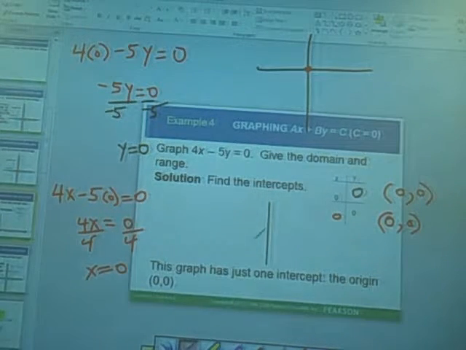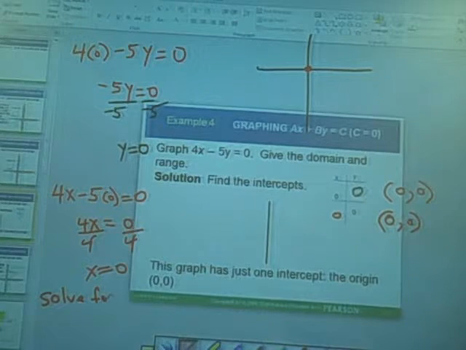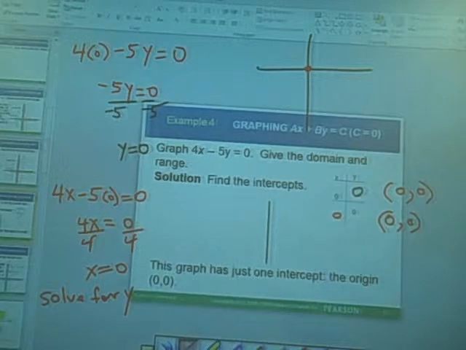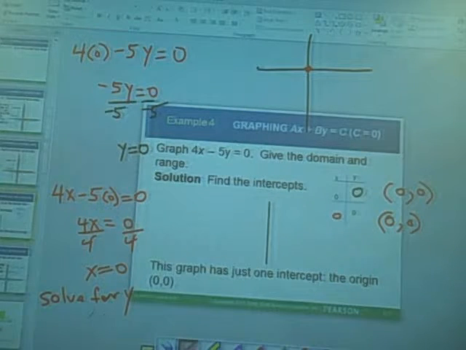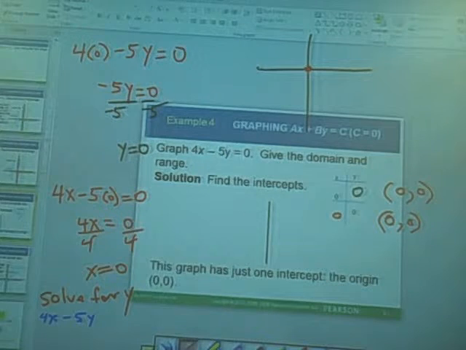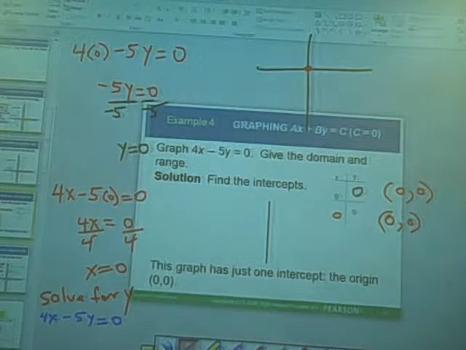So what we do here is we're going to solve for y. So we've got 4x minus 5y equal to 0. Now you could either subtract 4x or you could add 5y.